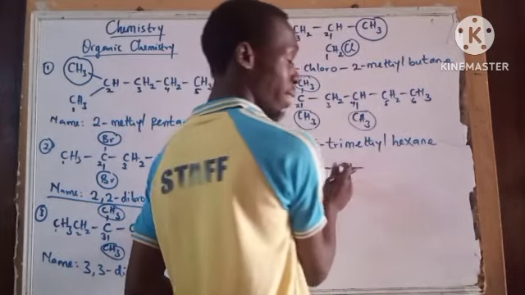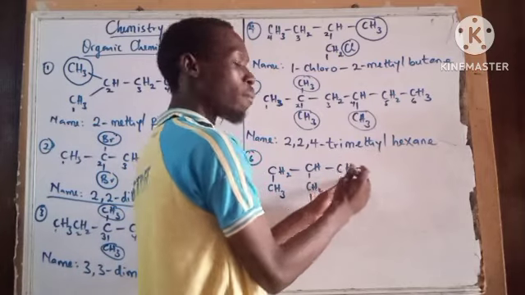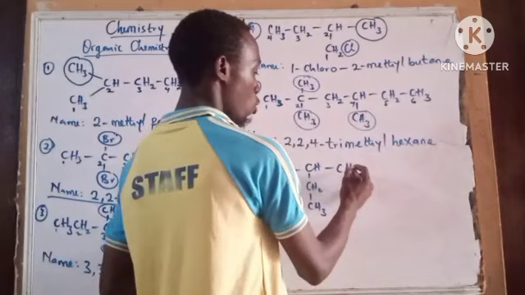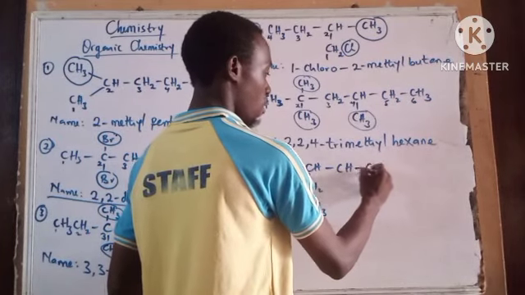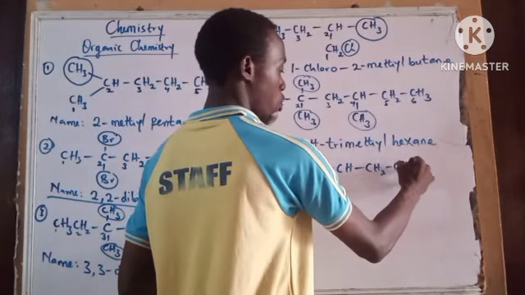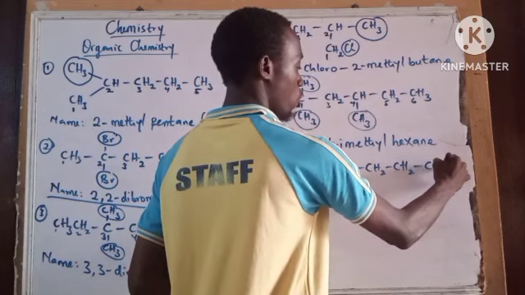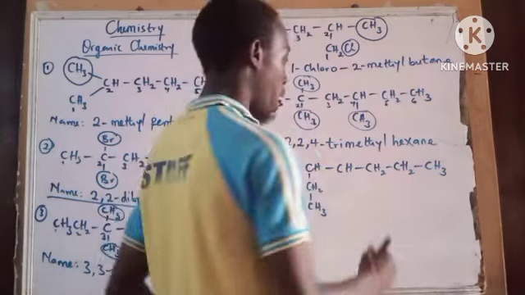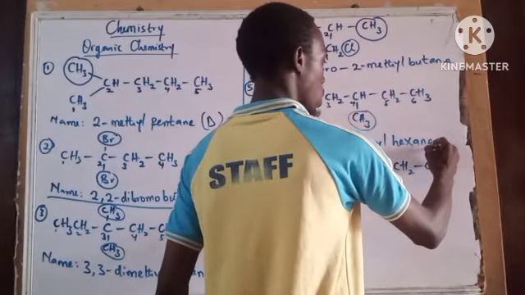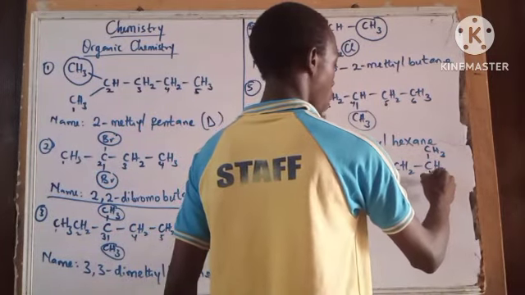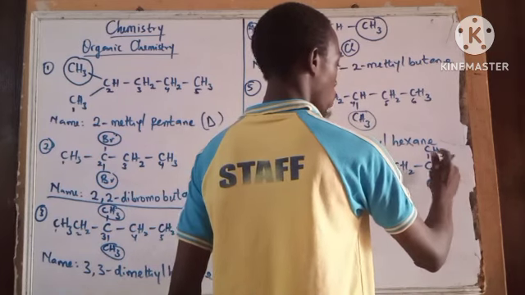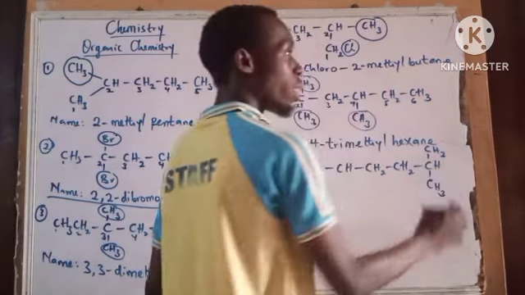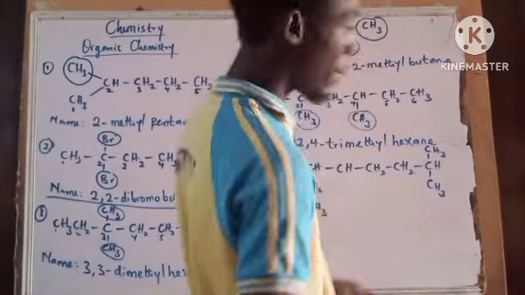Then I have here, there is an error, an obvious error, because everything here is supposed to be an alkane compound. So this is CH2, CH2, and CH3. Like I said, there is an obvious error in this particular one here.